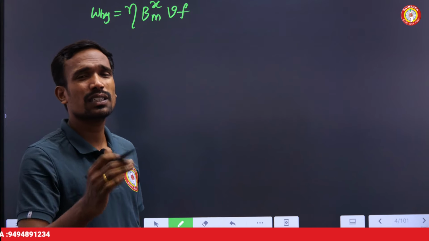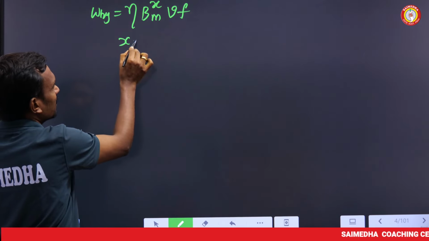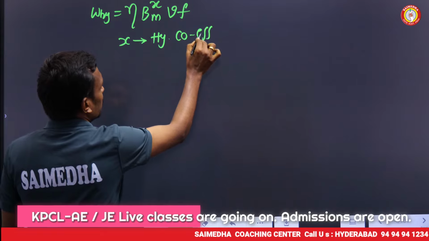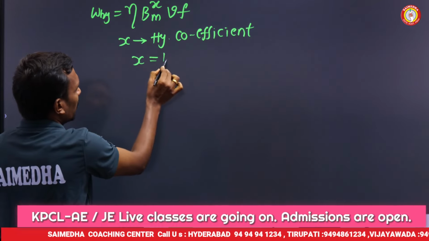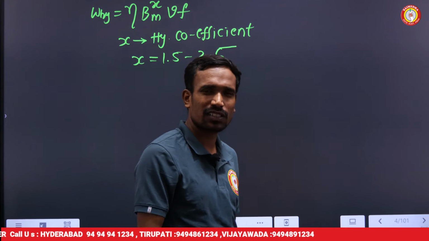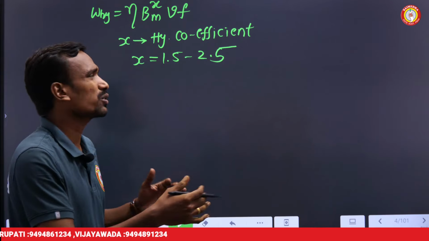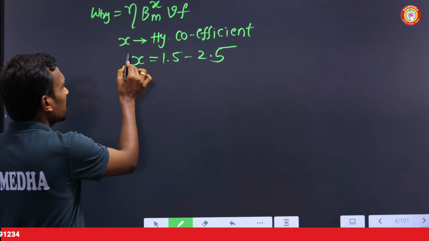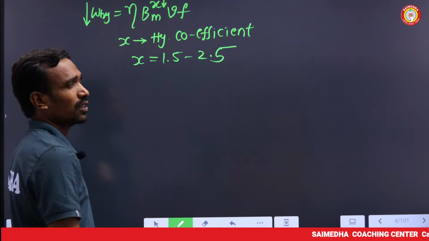So how can we reduce these hysteresis losses? By selecting this x. What is x? X is the hysteresis coefficient. Generally the x value is 1.5 to 2.5 for mild steel, mild iron, silicon steel, CRGO silicon steel. If we control this x value and it decreases, the hysteresis losses also reduce.